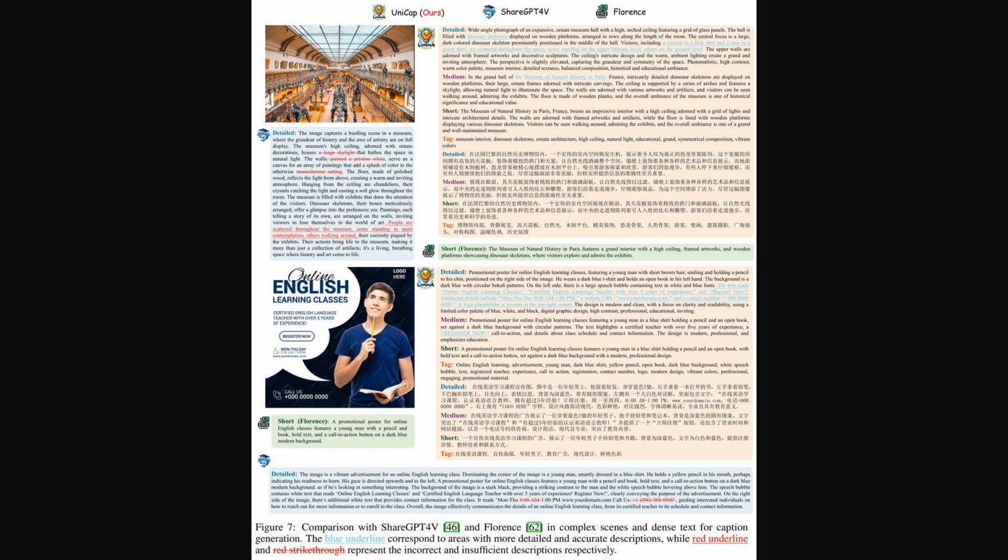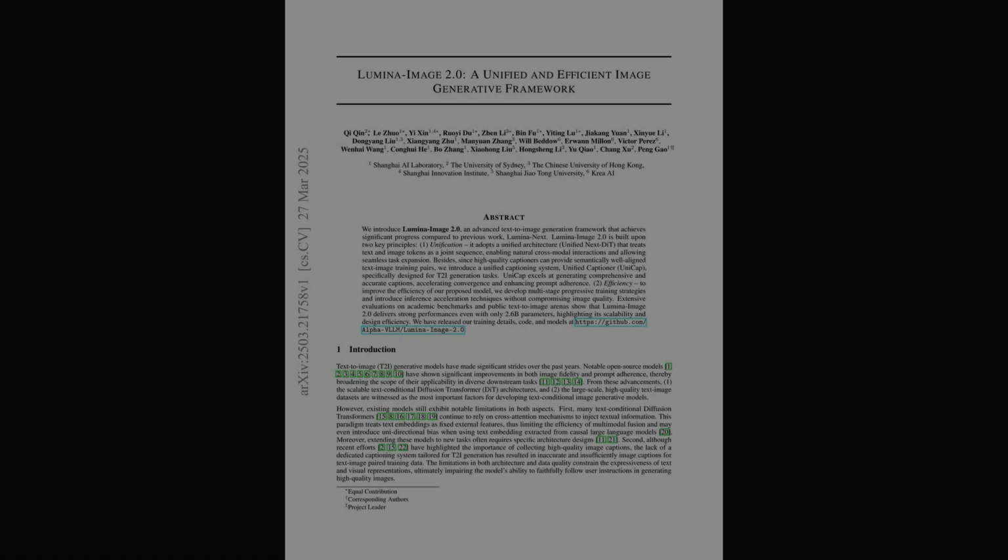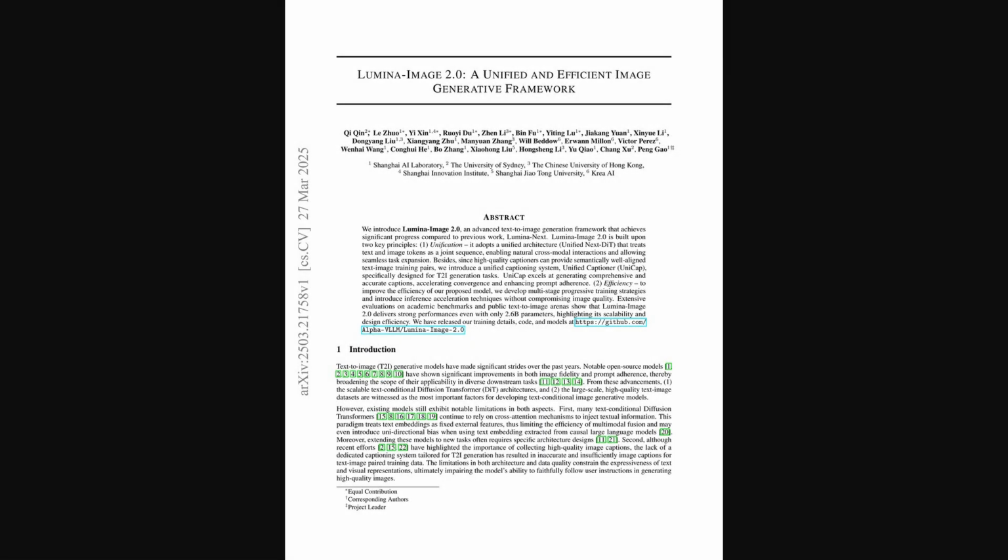Well, the results suggest UniCap does a better job, providing more detailed and accurate descriptions, especially when dealing with intricate scenes or reading the text correctly within the image. This really highlights the quality of the captions used to train Lumina-Image 2.0. Seeing how well UniCap generates those descriptions really underscores the foundation Lumina-Image 2.0 is built on.